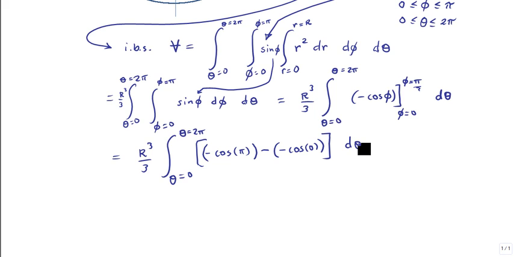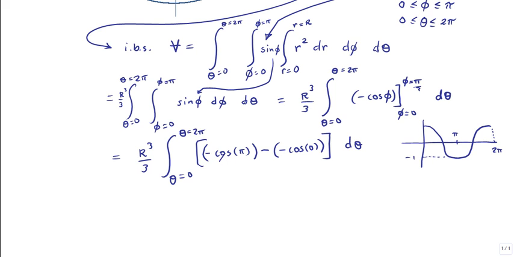d theta. Now let's quickly remind ourselves what cos of pi looks like. The graph of cos phi looks something like this, where this is pi and this is 2 pi. That means the value of cos of pi is minus 1.